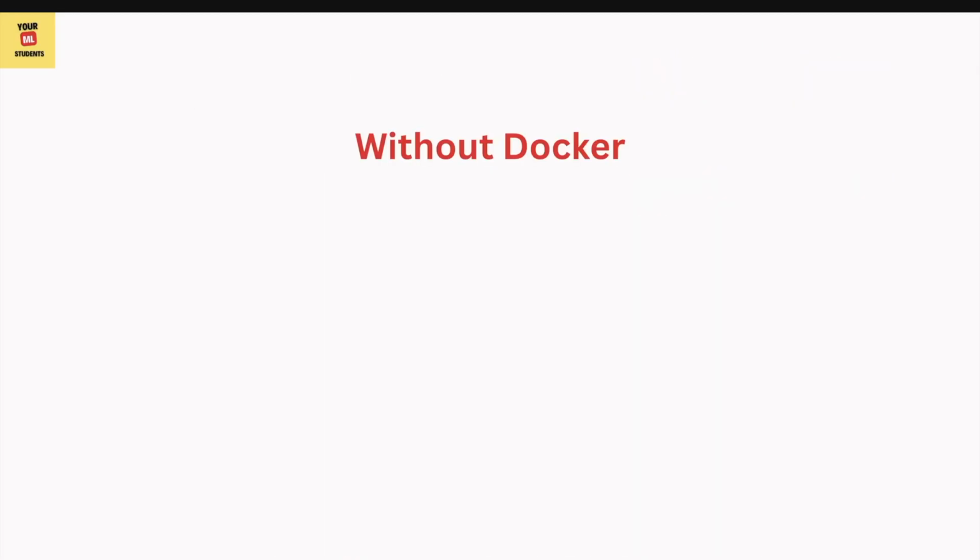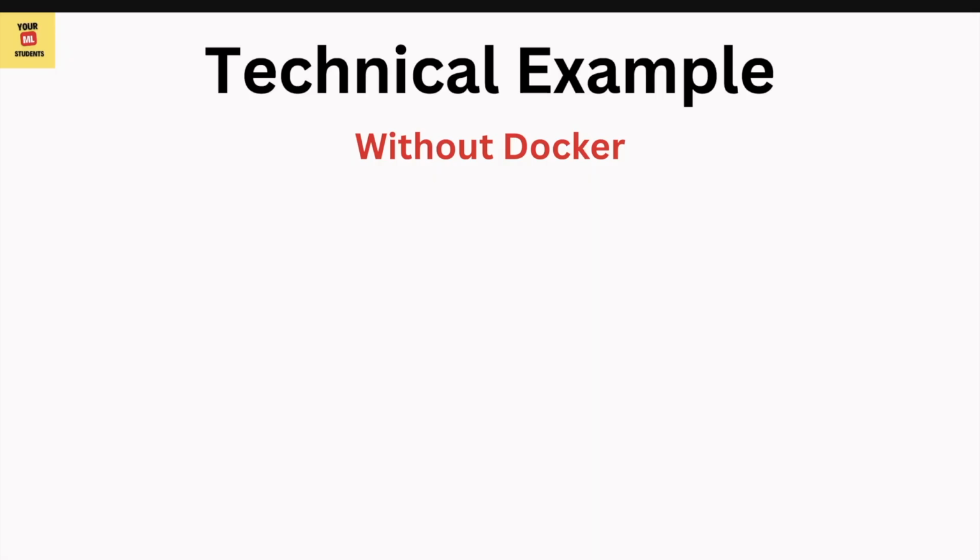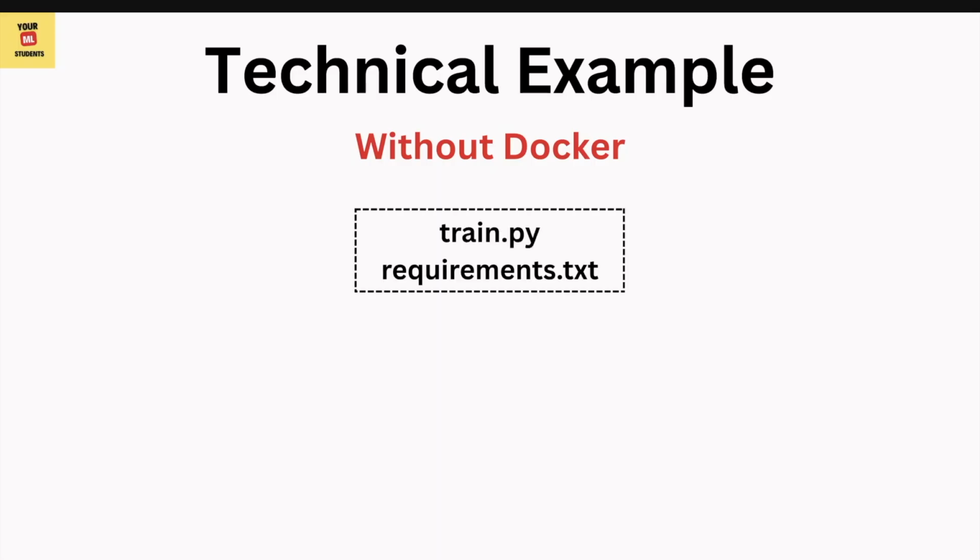So now let us understand what was happening without Docker. Now we are going to discuss a bit technical example, not a tougher one, but a very simple one. Let's say we have two files, train.py and requirements.txt. You might know that inside train.py we write our own machine learning training code, and inside requirements.txt we have all of our dependencies, right? Now what we want is simple, right?